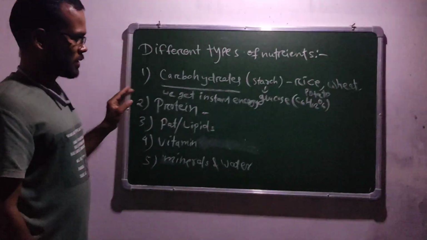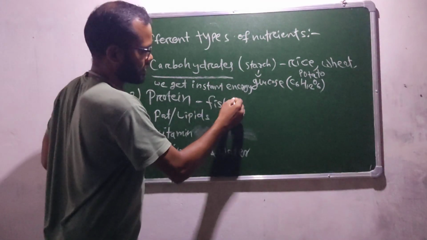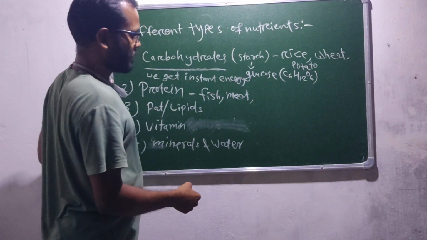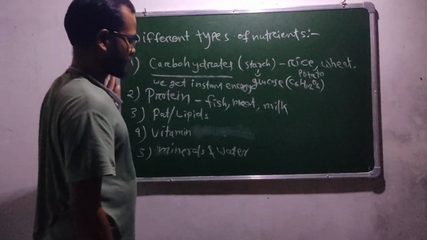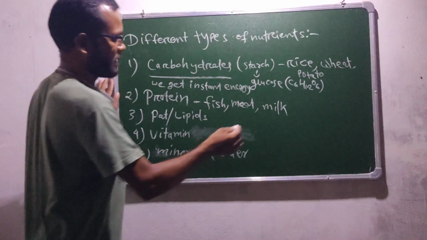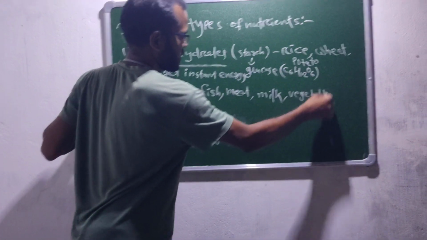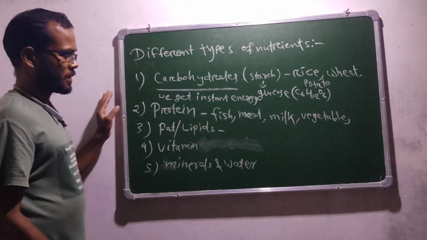And protein. From where do we get protein? Mostly we get protein from fish, meat, and milk. Vegetables also. Then the third one is fat or lipids.